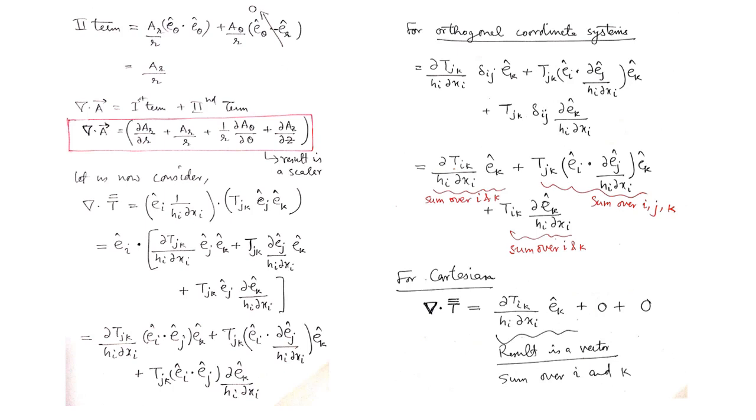So one by one, since it's a quantity comprising three things, Tjk, the components, and the unit vectors ej cap, ek cap involved in the dyadic product, turn by turn, using the product rule, we differentiate, and so we get three terms and finally take the dot product.